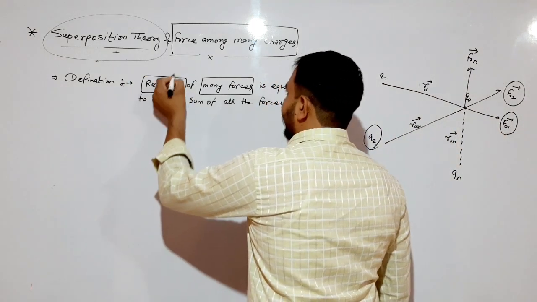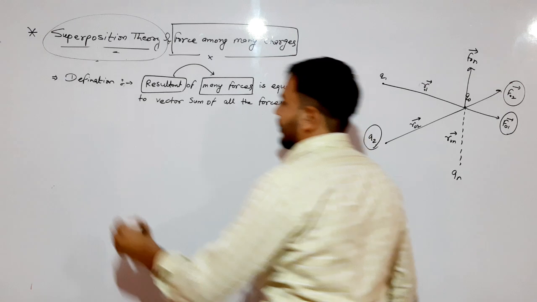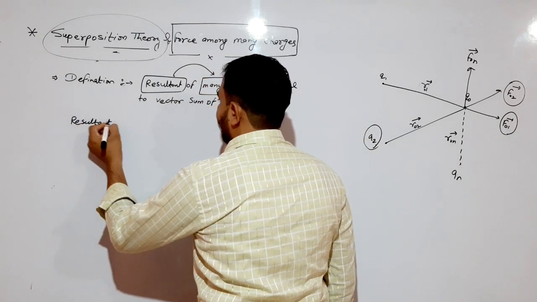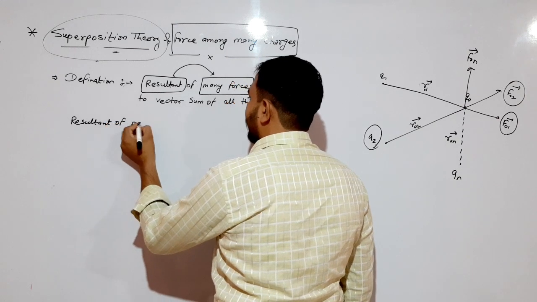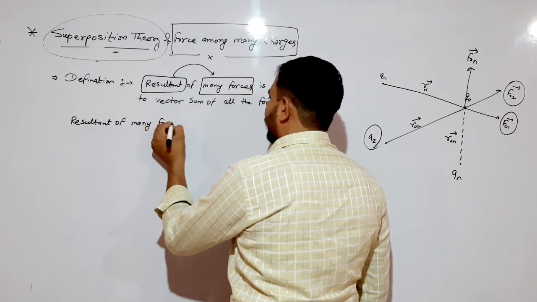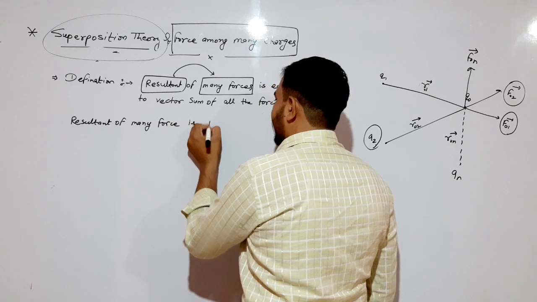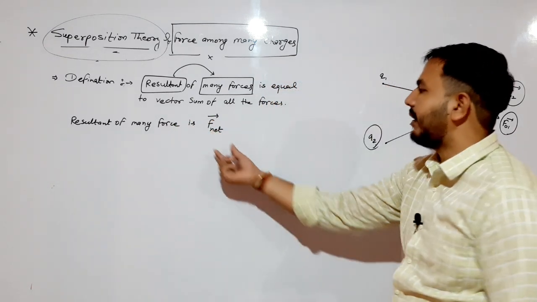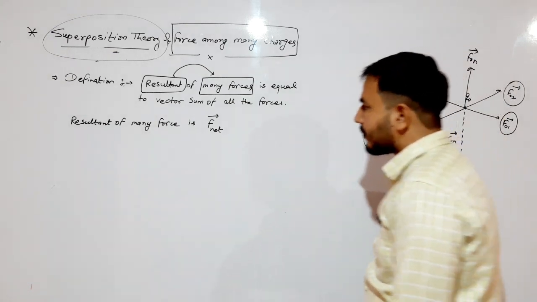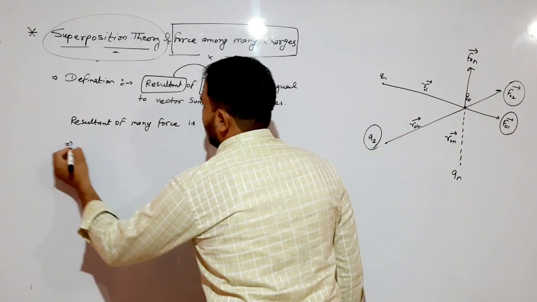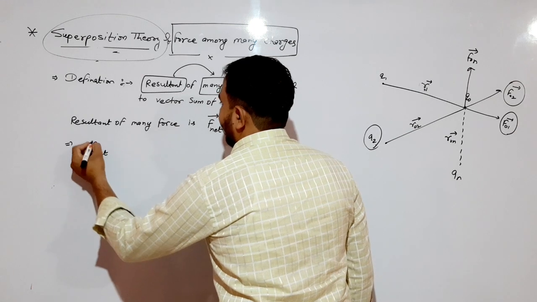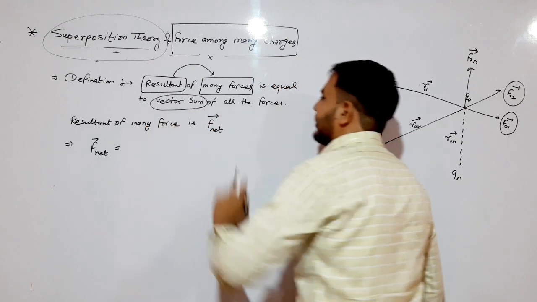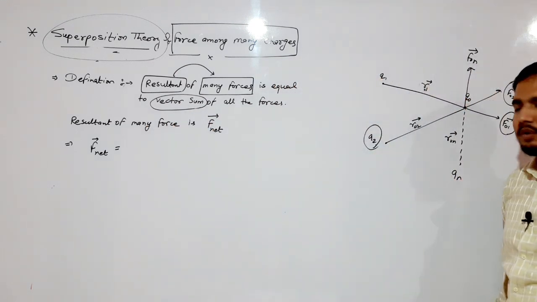Let us consider that the resultant of many forces is F vector net. Net means total. Clear? So F net is equal to the vector sum. Why do we use the vector sum?